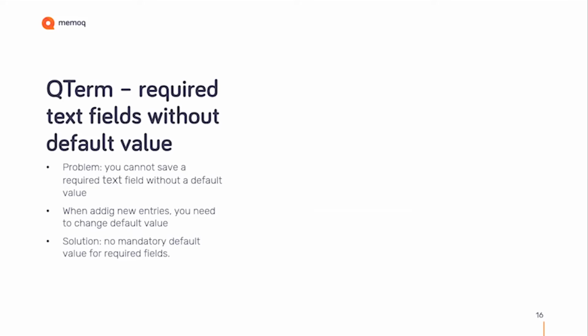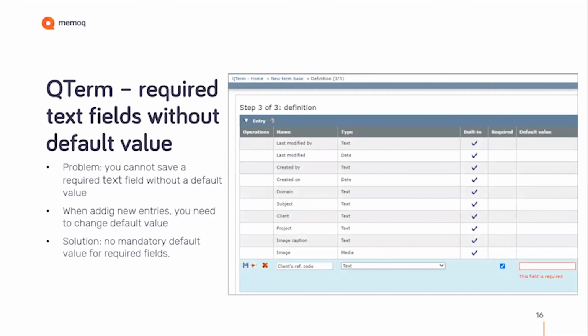Now, typically default values are good enough, but what happens if you have something like this? You want to enter the client's reference code, and it's not a number, but it can be any kind of combination of letters and numbers. So any kind of alphanumeric value can be entered here. So you want to select the text option.